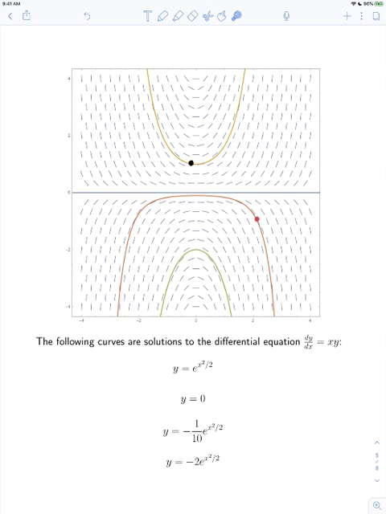So if I pick a point down here, this formula, dy/dx, is a formula for the slope of the tangent line. But notice that this is a tangent line to a curve, which is a solution. So this is a solution to the differential equation. This is another solution to the same differential equation.